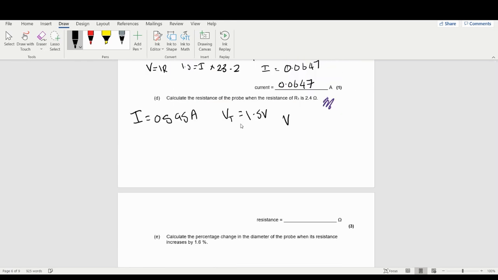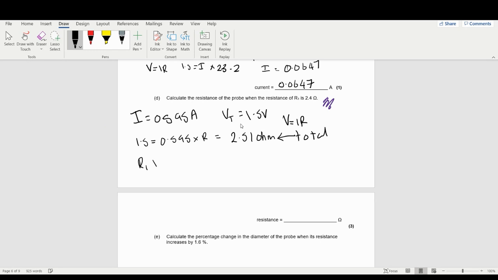So V equals IR, you can actually work out the total resistance of that section. So I've got 1.5 equals 0.595 times R, so that's going to be 1.5 divided by 0.595, and my answer is 2.51 ohms. So that's my total.